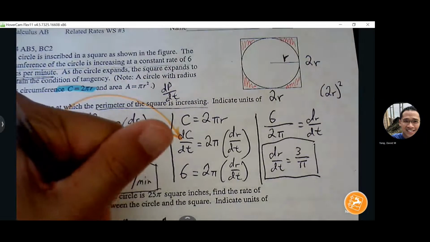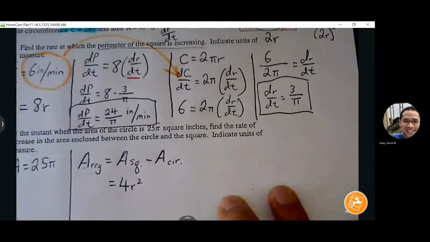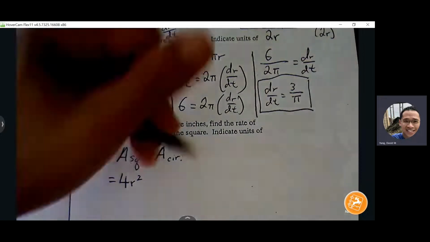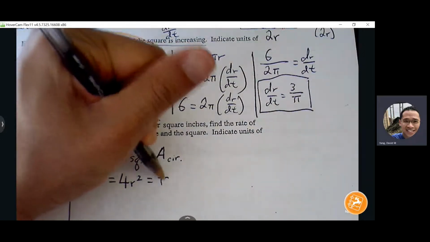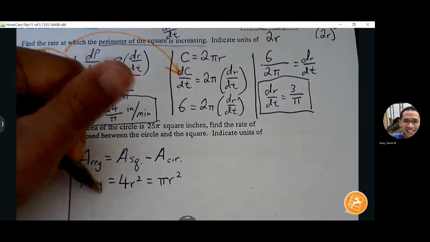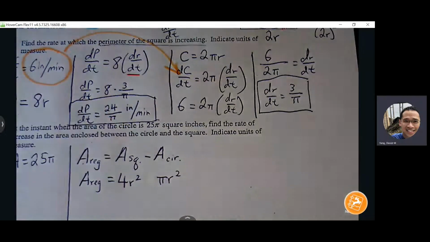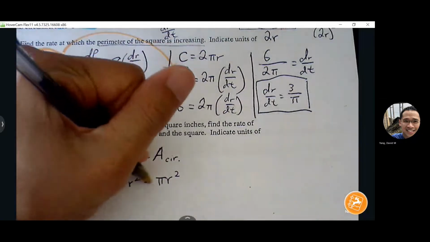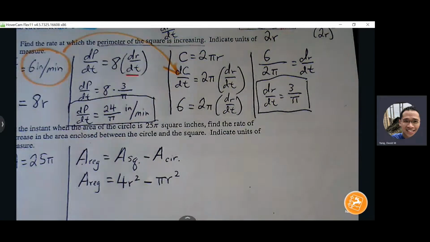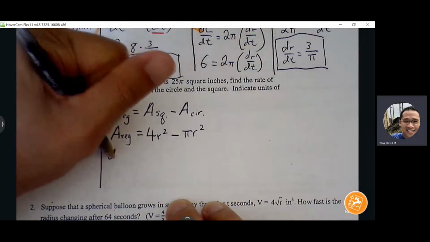The area of a circle is pi r squared. So the area of the region is 4r squared minus pi r squared. We have to build the equation before we can find the derivative. Now that we have our equation, we can jump into our derivative step: A becomes dA/dt.